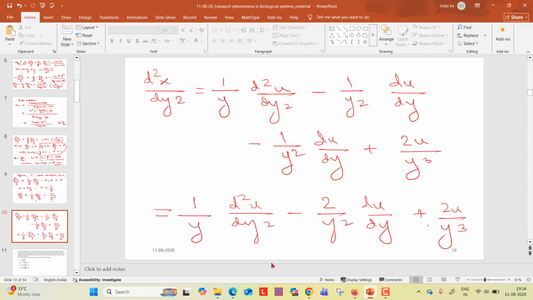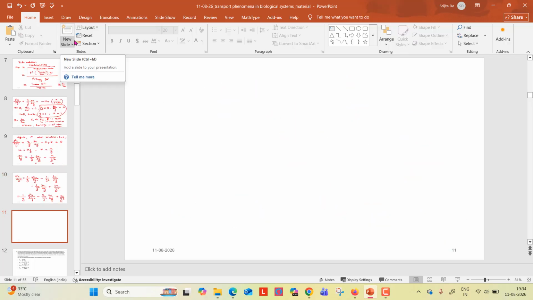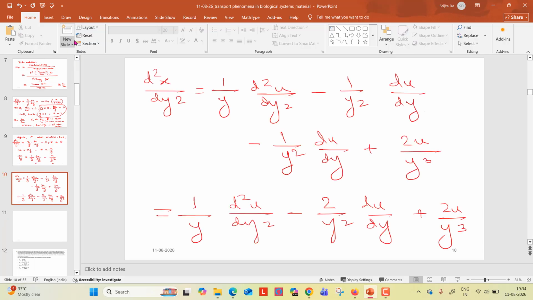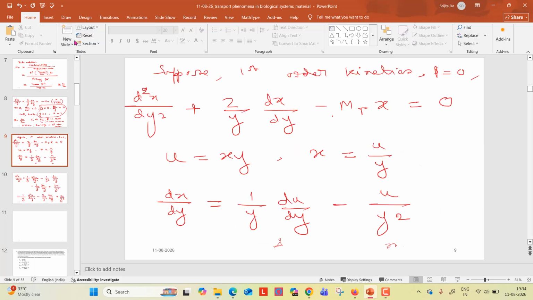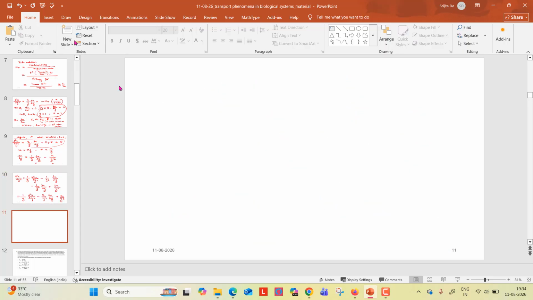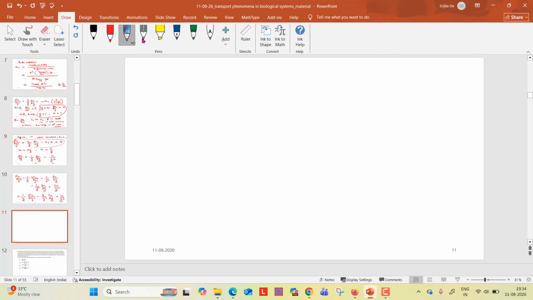This is the expression. Now we put this expression in the original equation, so this is our new expression, right? I'm taking a new pen to make it look good. So it will be 1/y d2u/dy2 minus 2/y square du/dy plus 2u/y cube. Plus the second term, which was 2/y dx/dy.